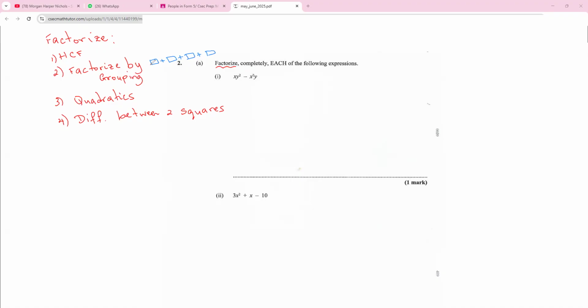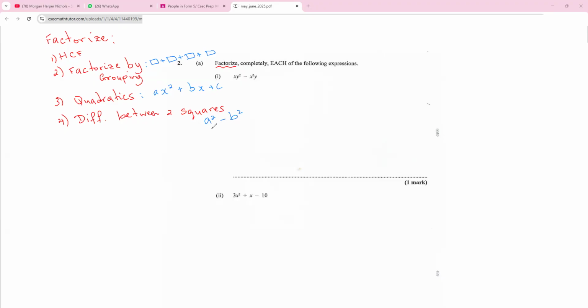You know it's a quadratic if it's in the form of ax squared plus bx plus c. And we know it's a difference between 2 squares if we have 1 square minus another square.